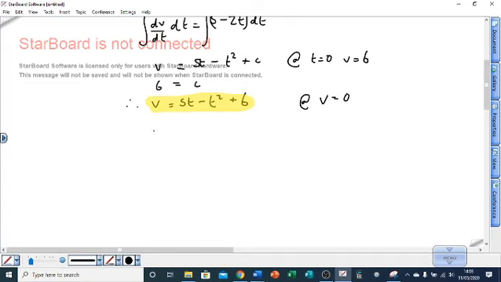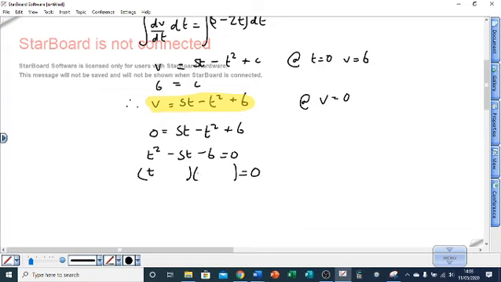So we've got 0 equals 5t minus t squared plus 6, times through by minus 1 and rearrange. t squared minus 5t minus 6 is equal to 0. Factorize or use your calculator, but this looks like it will factorize nice and easy.